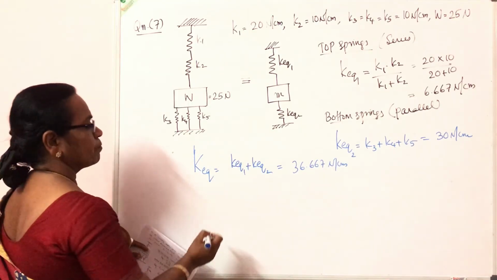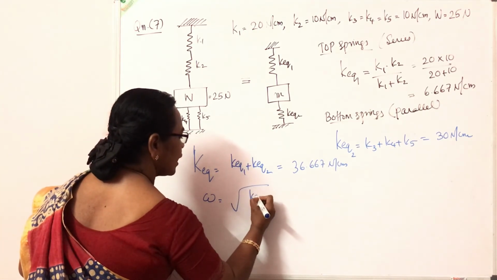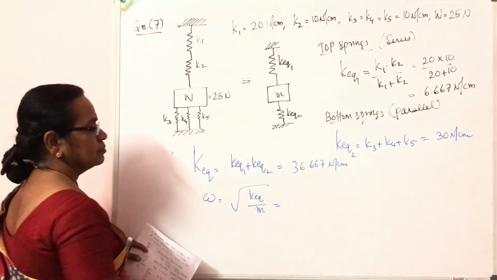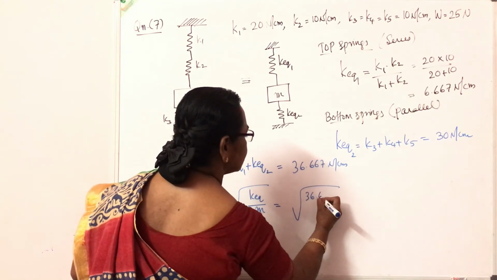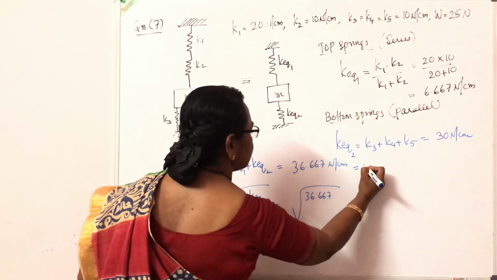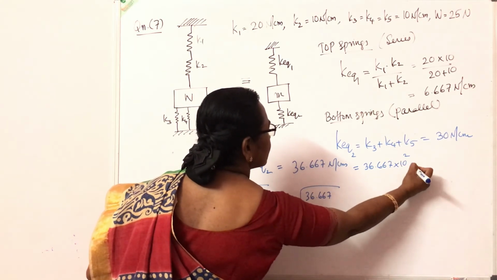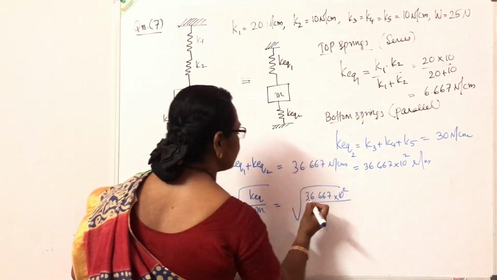Newton per centimeter. So omega is equal to root of K equivalent divided by M. So root of 36.667 Newton per centimeter, so 36.667 into 10 square Newton per meter, divided by mass.